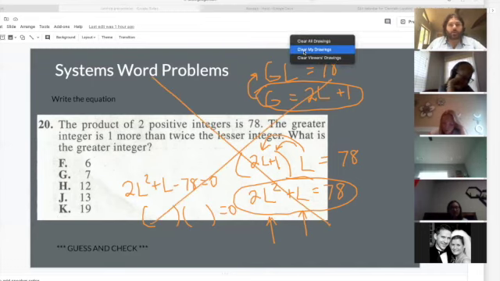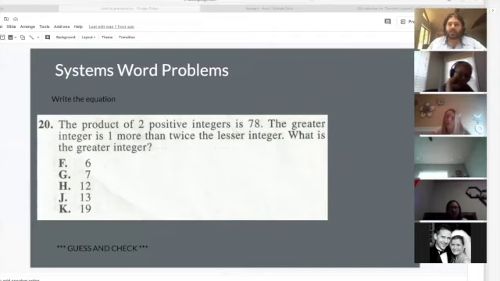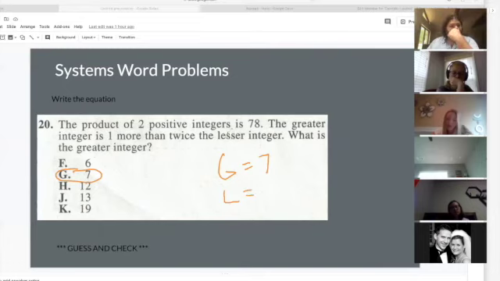What we want to do is recognize this as a simple problem. It says, what's the greatest integer? Well, let's say the greater integer was 7. Let's try it. If the greater is 7, what's the lesser? Well, it says the greater is one more than twice the lesser. So if the lesser was 3, twice that would be 6.